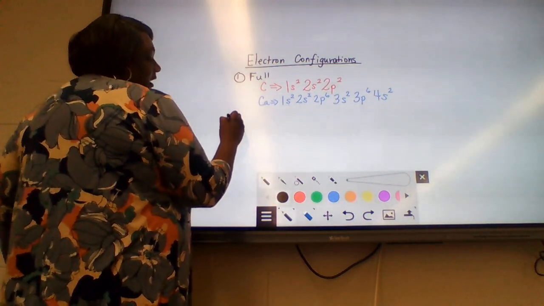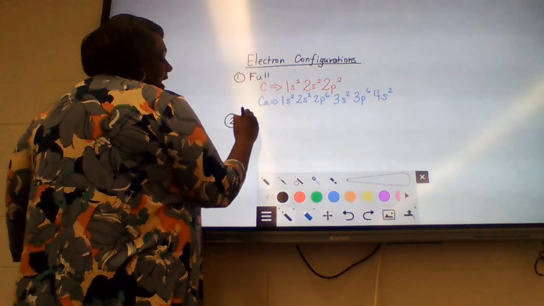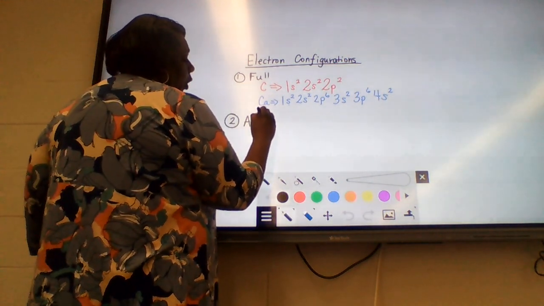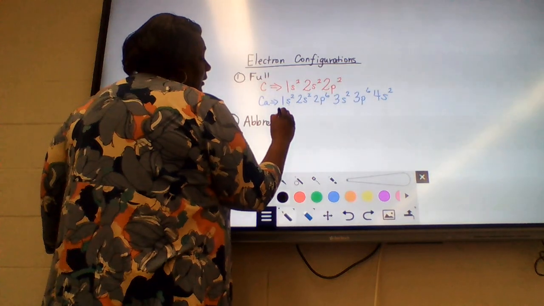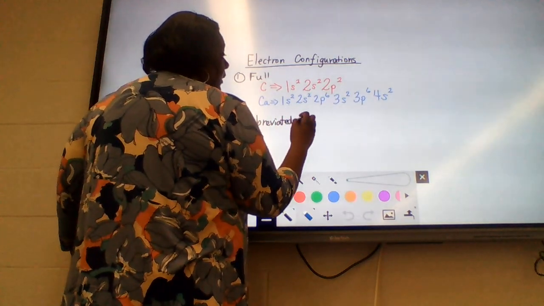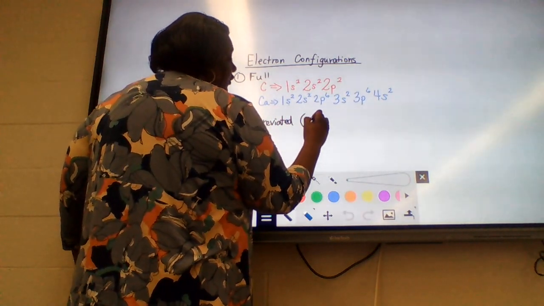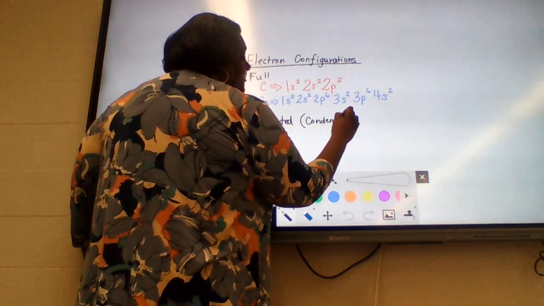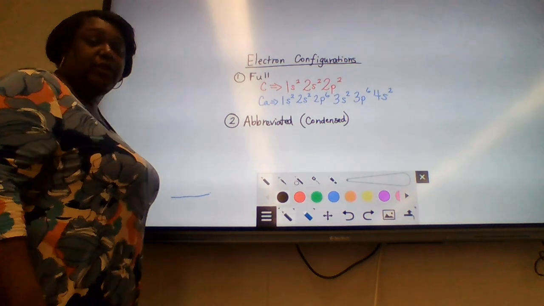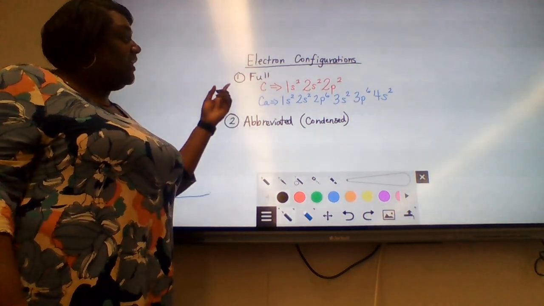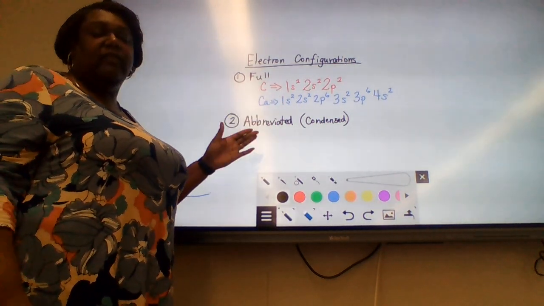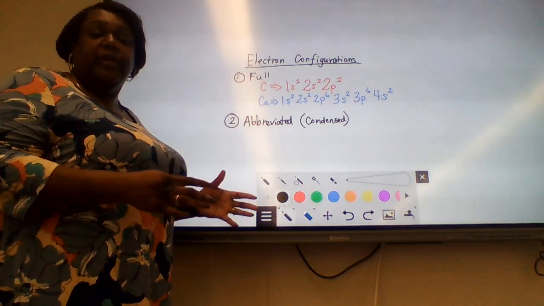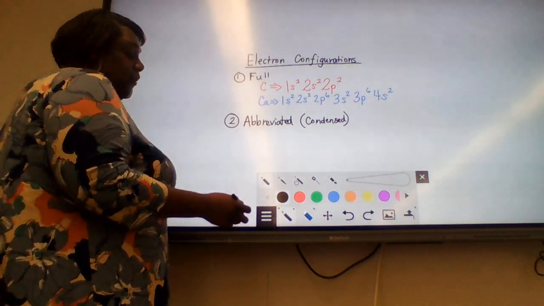The next kind of electron configuration you can have is an abbreviated or a condensed electron configuration. It's sometimes called the noble gas configuration. This configuration is a little different because instead of writing all of this out, you would be able to shorten it and give me the configuration.